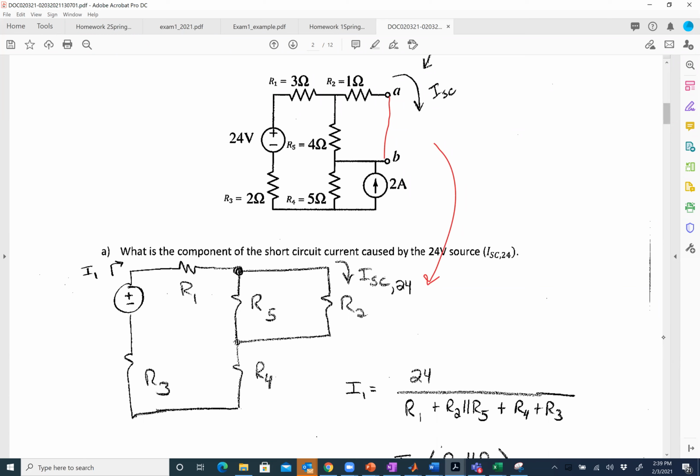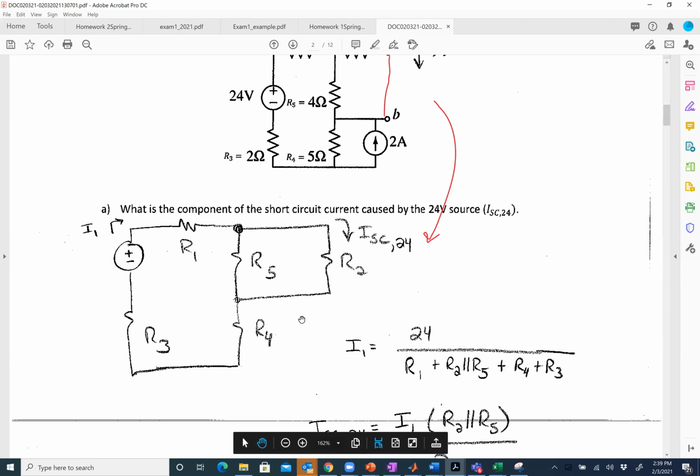The next step is that I have R5 and R2 in parallel with each other. So I've got a circuit with R1 in series with this parallel combination, in series with R4 and R3.